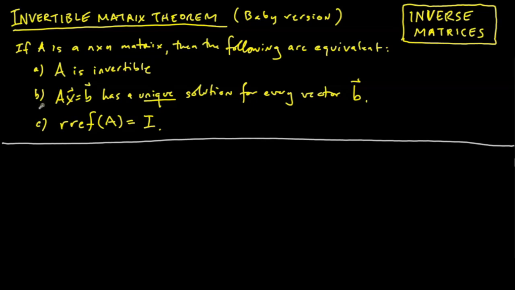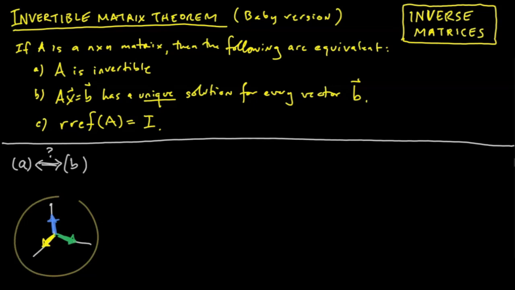Let's begin by concentrating just on statements A and B and trying to determine whether they really are equivalent to one another, whether each implies the other. We can understand their equivalence very intuitively, just by thinking geometrically. And it goes back to ideas we discussed earlier in this video. We said that for A to be invertible, it can't crush any dimensions. So for example, rather than a general n by n matrix, let's suppose A is a 3 by 3 matrix.